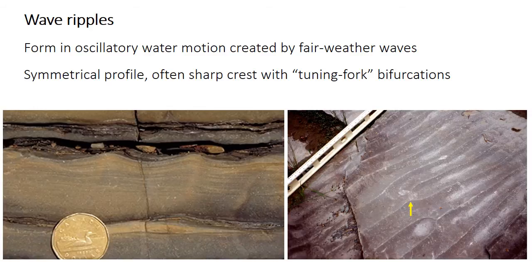There's actually two different types of wave ripples formed by different processes. We're not going to worry about that detail, but a lot of wave ripples have a sharp crest, which can branch in these Y-shaped or tuning fork bifurcations, like the arrow on the right-hand picture.